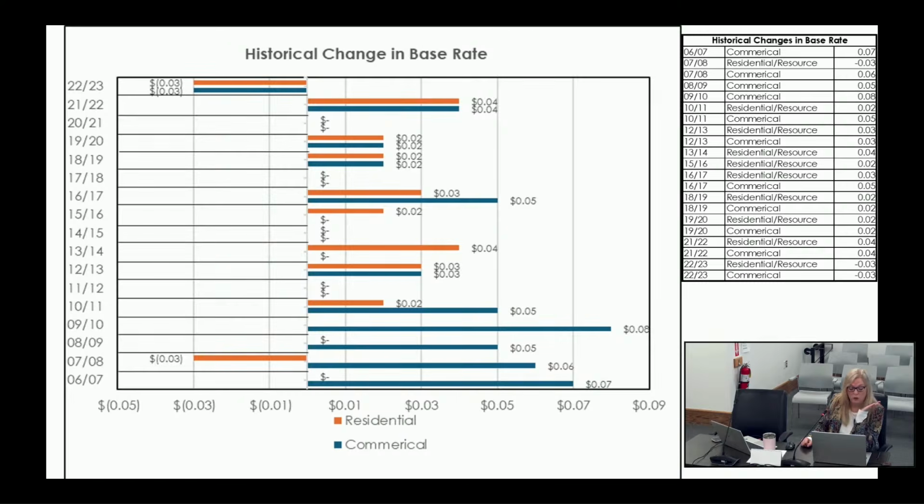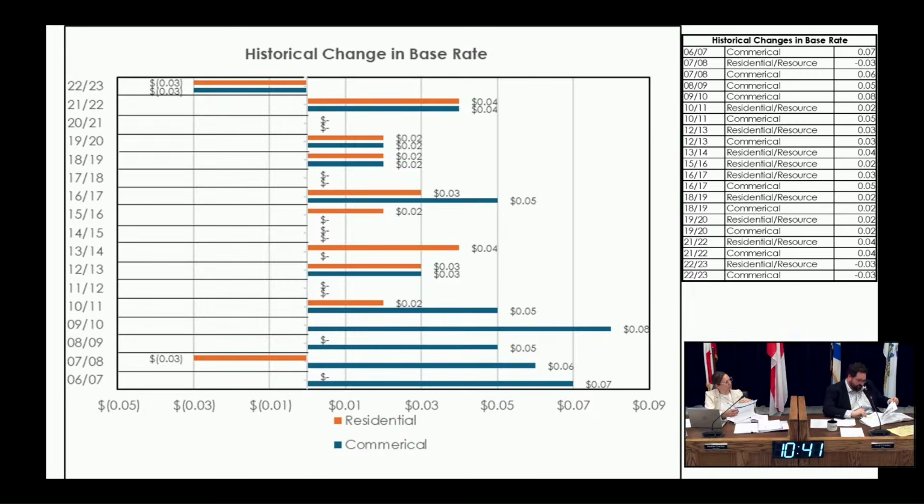You can see the 2-cent increase in 2018-19, a 2-cent increase for each in 2019-20, then the 4-cent increase in 21-22, and then the 3-cent decrease in 22-23. Since then, there's been no change. So is that the kind of information that council would like to have? Okay, good. If I missed anything, let me know.